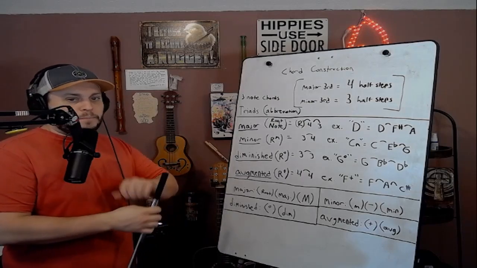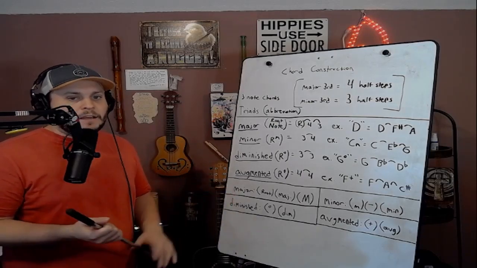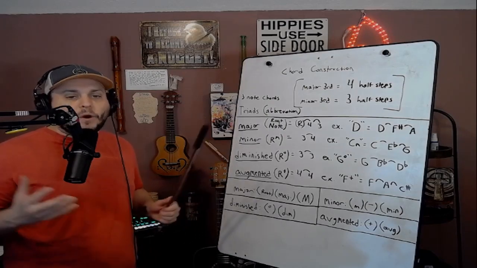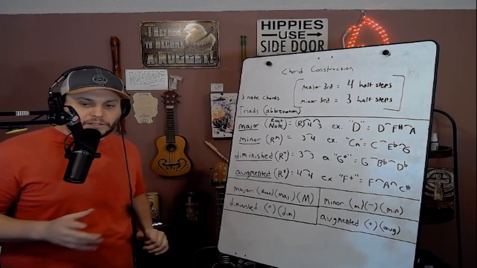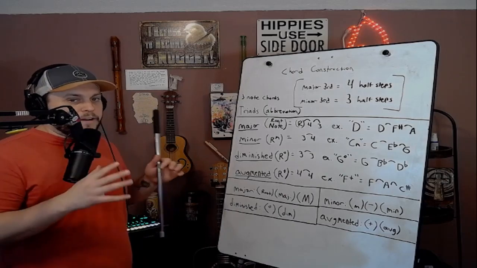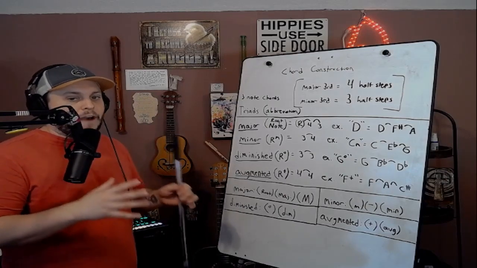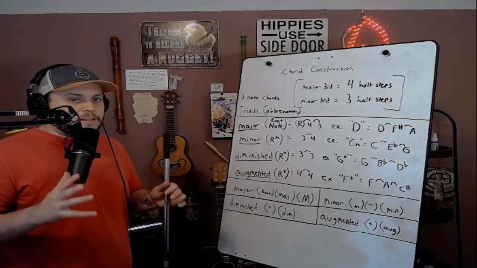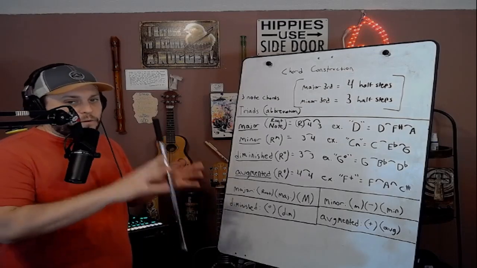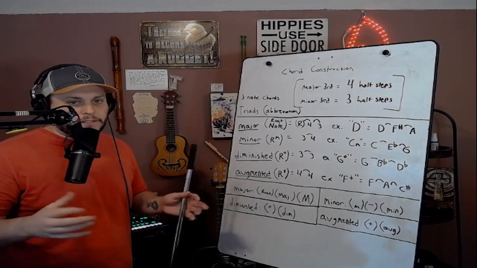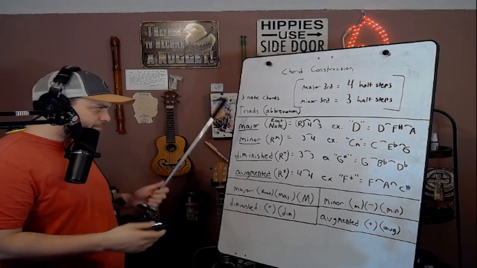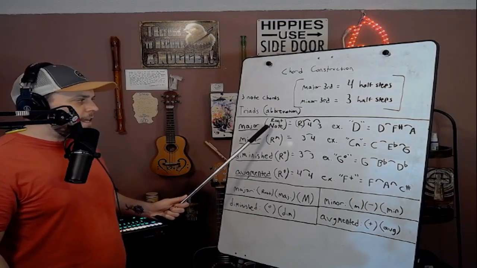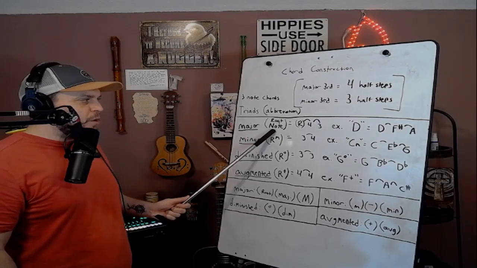So sometimes I'm going to say C, sometimes I'm going to say C major, and those are the same thing. And usually what I do with my students is I'm very disciplined about saying major every time until they understand this dynamic, and then I'll start to refer to it as just the root note by itself, which means major. So major triads, its abbreviation is just the root note by itself.